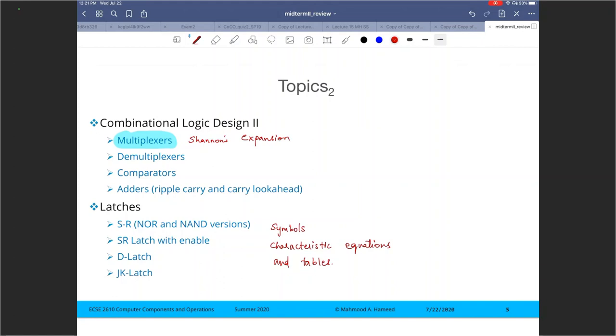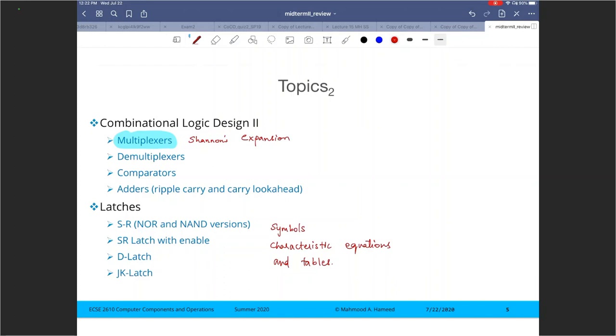D latch, data latch: whatever goes in will appear at the output after your enable is activated. JK, jump and kill. It'll also have toggle ability. So try not to blindly remember the characteristic equations or tables, but be able to associate them with the name of the latch.